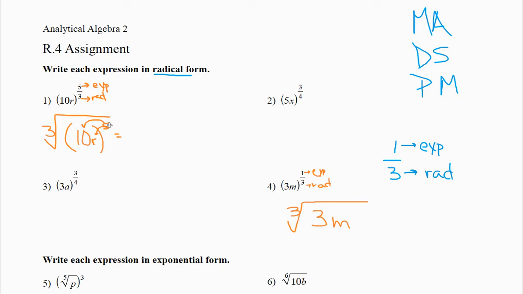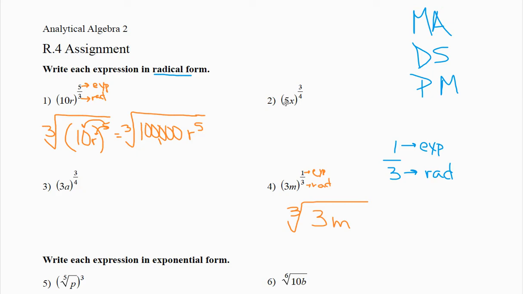And in fact, there's going to be a total of 5 zeros. So again, 3rd root, and there'll be 5 zeros. 1, 2, 3, 4, 5, and then r to the 5th power. I can add my comma back in there. So it is the 3rd root, the cube root, of 100,000 r to the 5th.